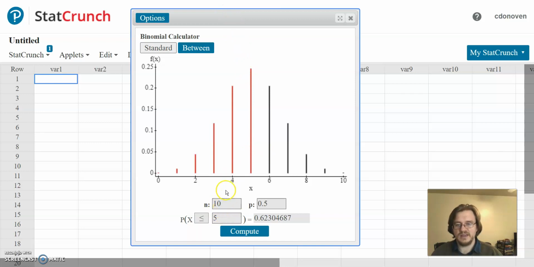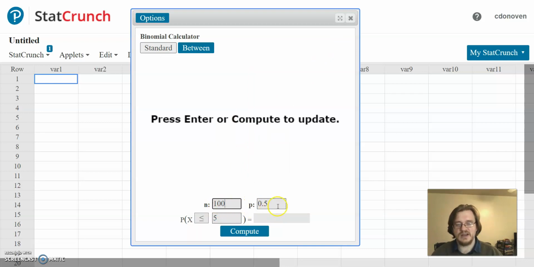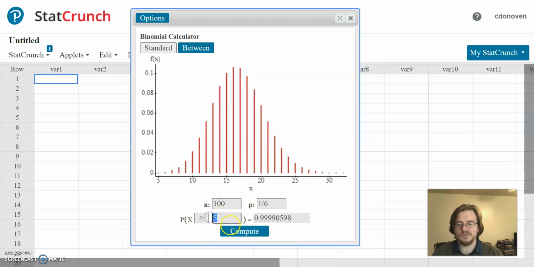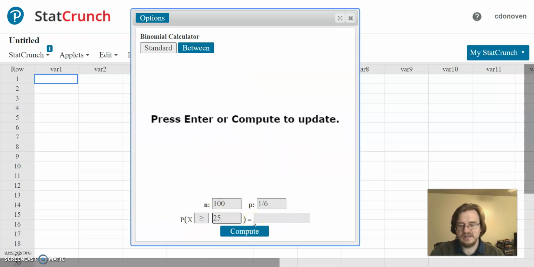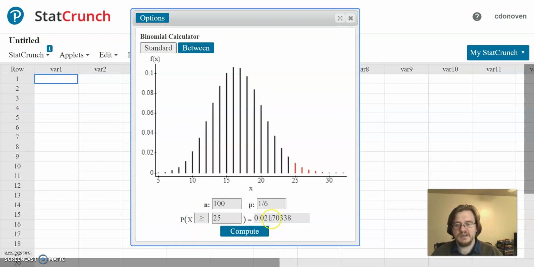So here we have a value for n, so we were rolling 100 dice, and the probability of success should be 1 divided by 6, and we want the probability of rolling greater than or equal to 25.